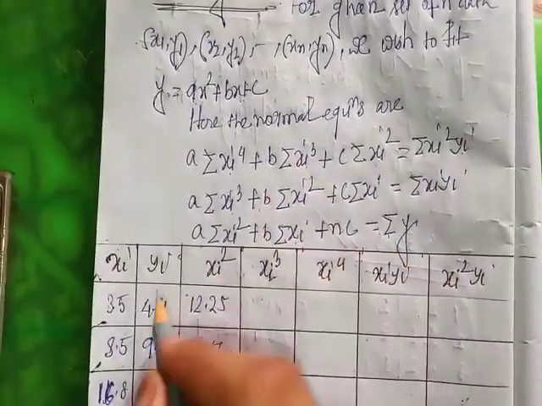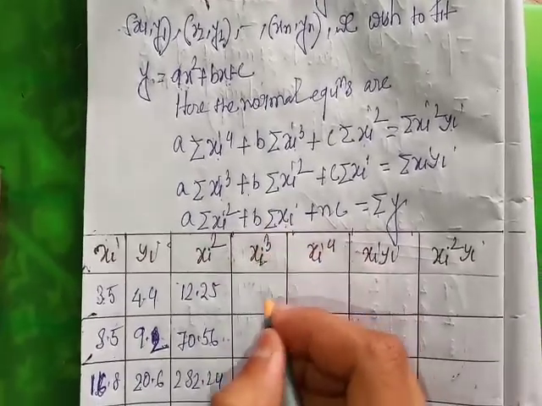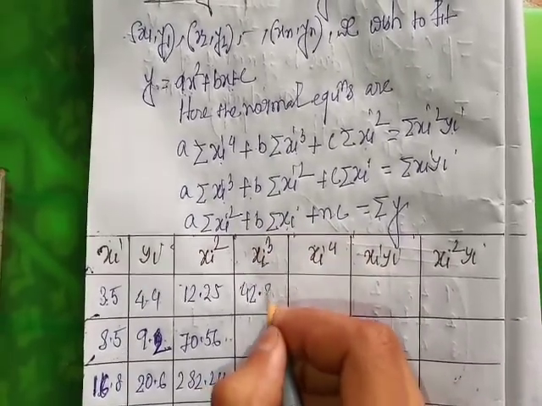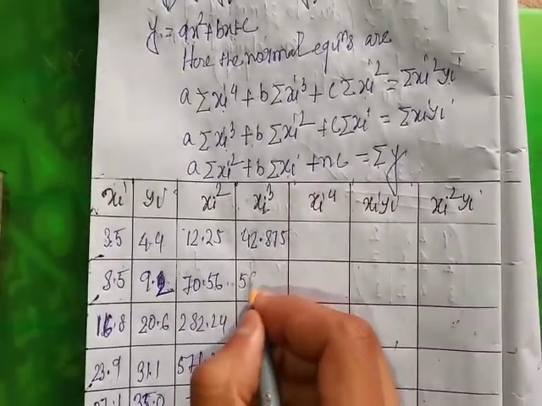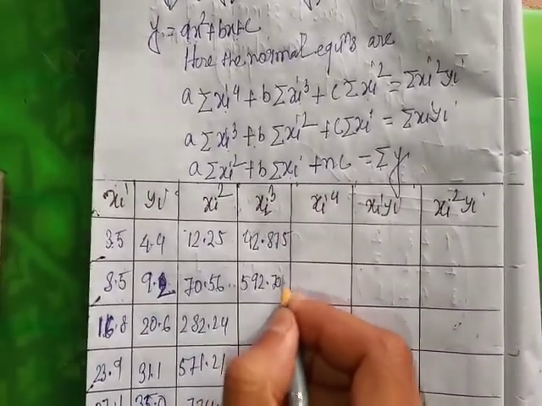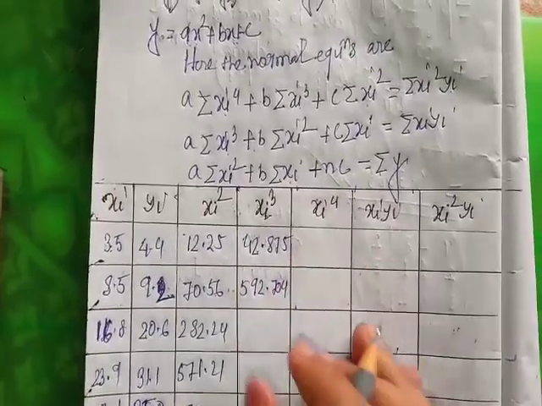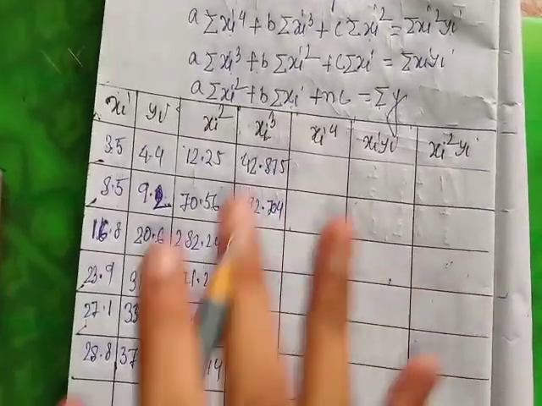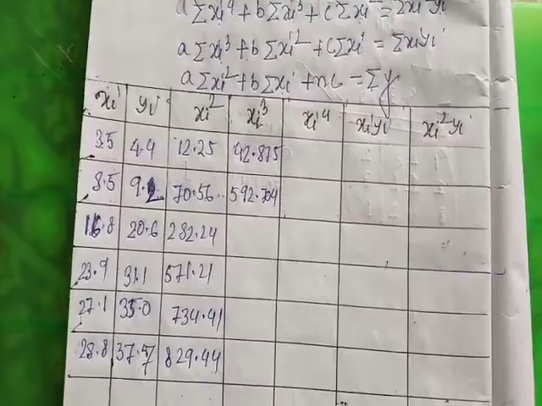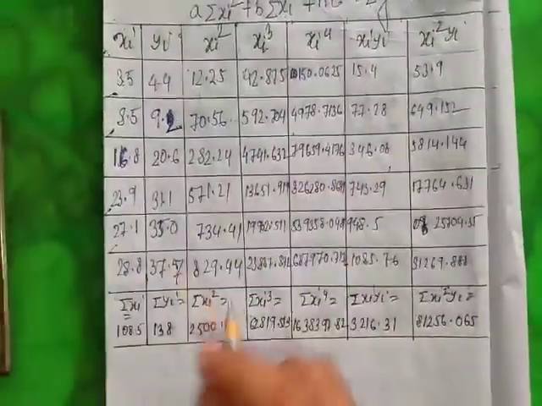So xi cube equal to 42,875, 592,704, and so on. Ultimately we get this.